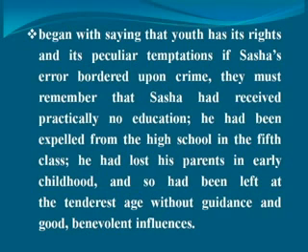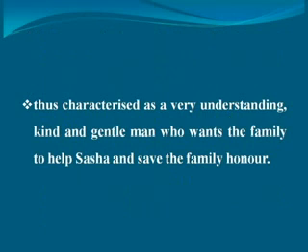He had been expelled from the high school in the fifth class. He had lost his parents in early childhood, and so had been left at the tenderest age, without guidance and benevolent influences. Ivan Markovitch is thus characterized as a very understanding, kind gentleman who wants the family to help Sasha.